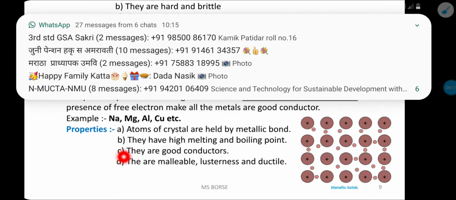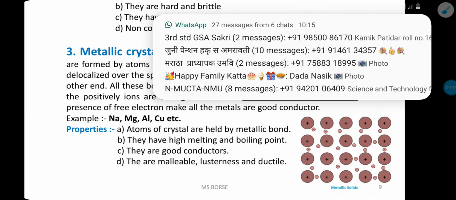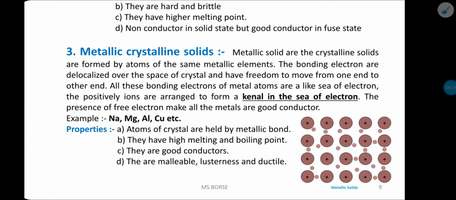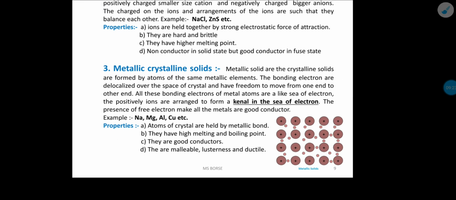They have malleable, lustrous and ductile properties. That's why we make various pots, various apparatus or ornaments using these metals.